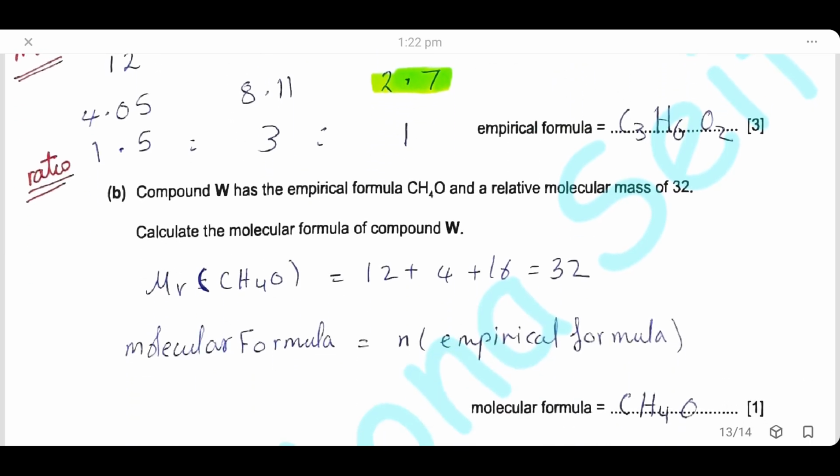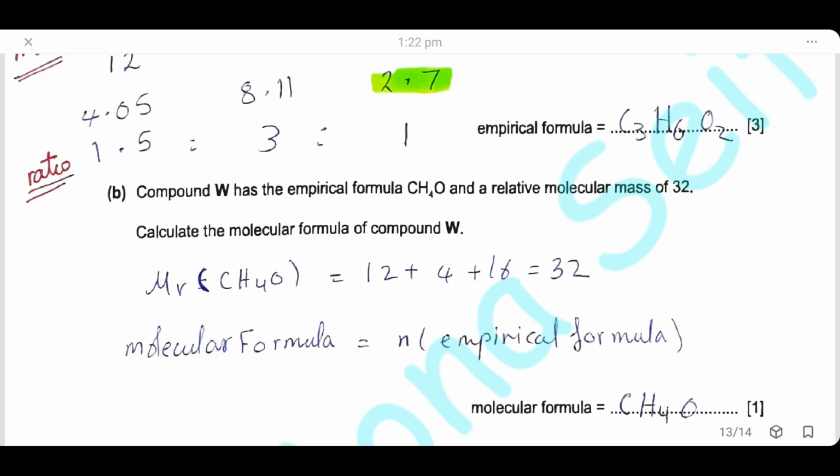Compound W has empirical formula of CH4O and a relative molecular mass of 32. Calculate the molecular formula of compound W. The molecular formula equals the empirical formula multiplied by N. So here we will calculate the mass of this empirical formula, CH4O: 12 for carbon, 4 for hydrogen, and 16 for oxygen.